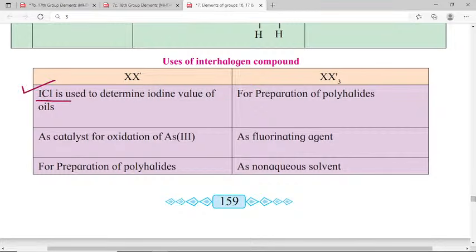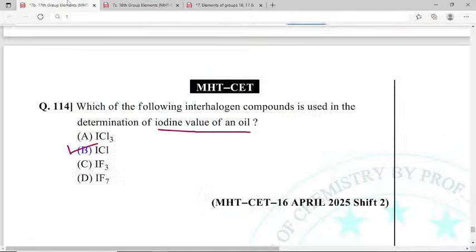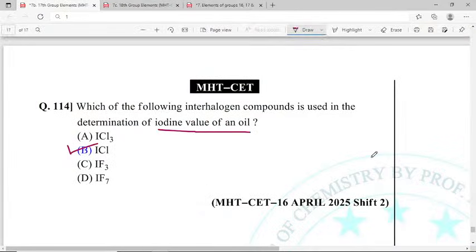ICl, iodine monochloride, is used to determine the iodine value of oil. Are you getting this one? Question number 114.